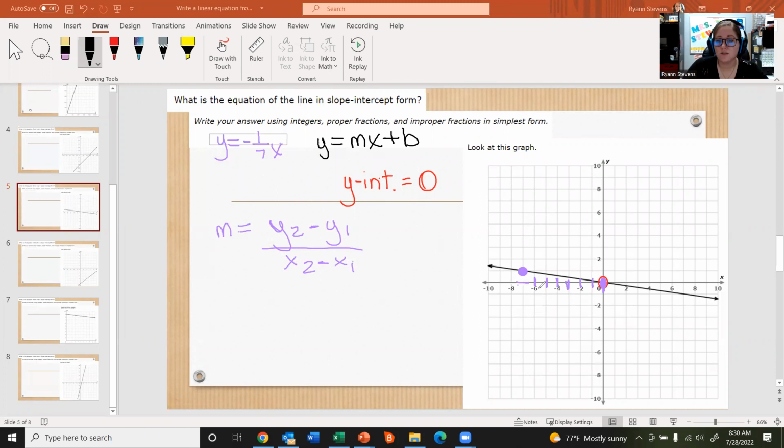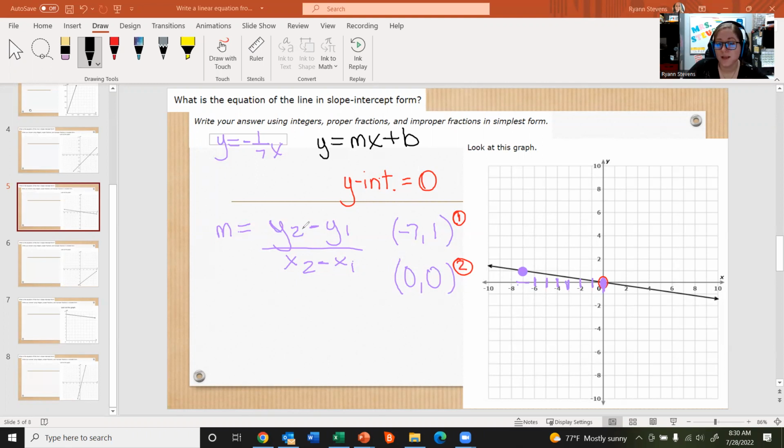We could take these two points: the first ordered pair is at -7, 1, and the second one is at 0, 0. I'm going to label each one of those: this one is point 1, this one is point 2, and then y sub 2 will match with these labels that I made.